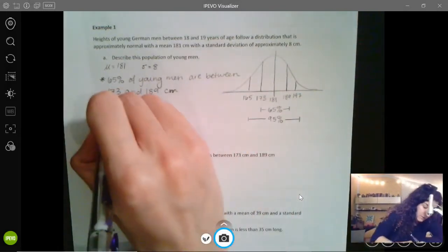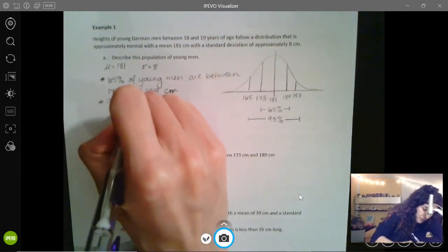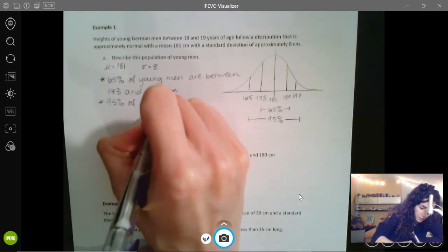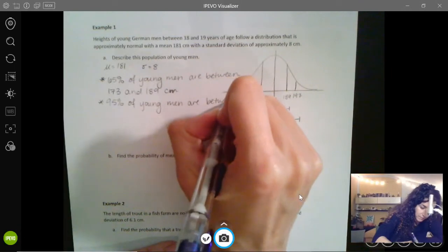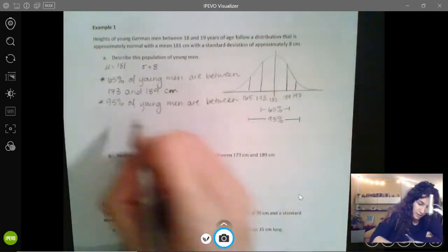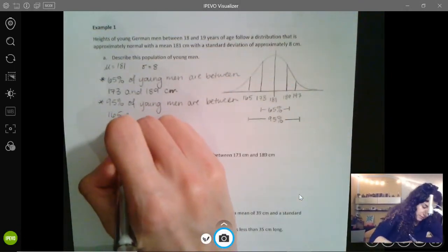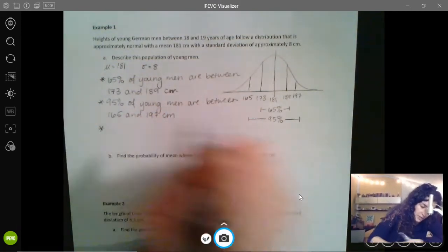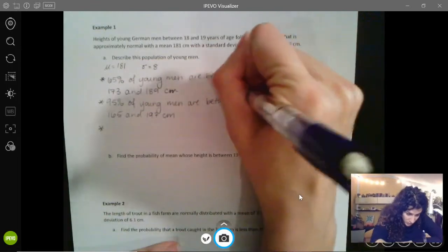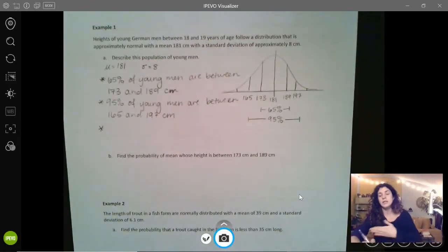So that means that 95% of young German men are between 165 and 197 centimeters.